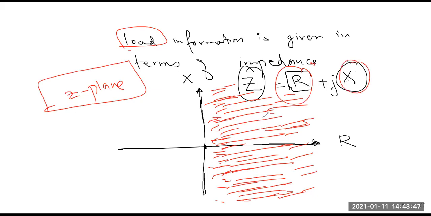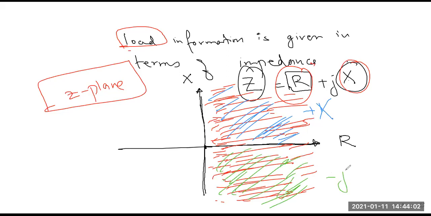If X is positive, then we will be only within this region. So this is for positive X. And if X is negative, then this green area is representing minus X. So this is the possible region where any load will lie.